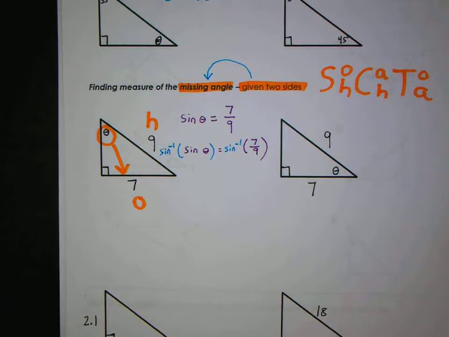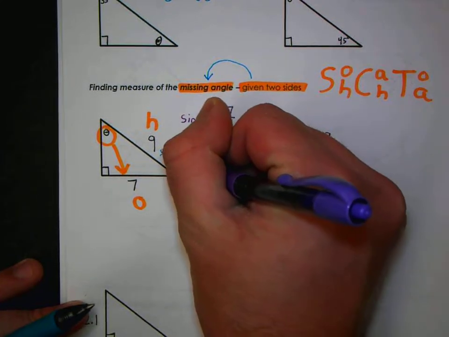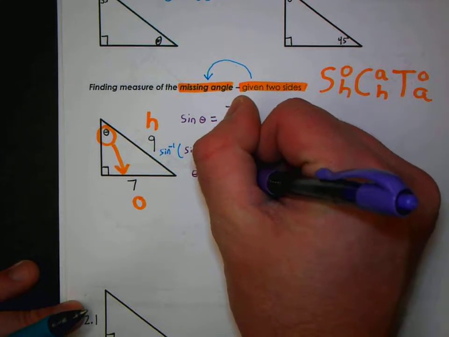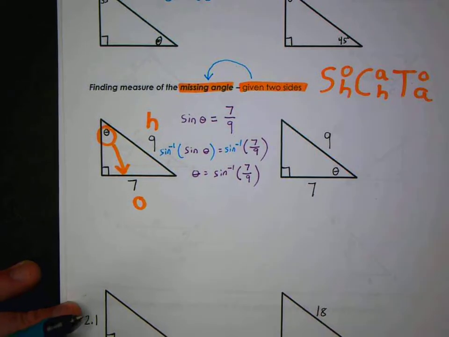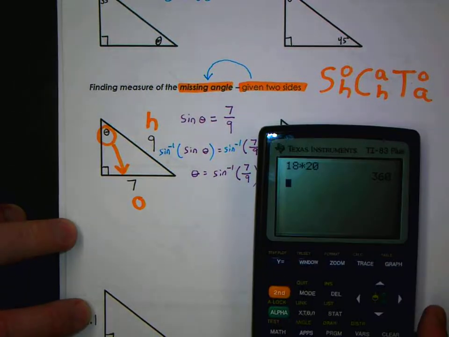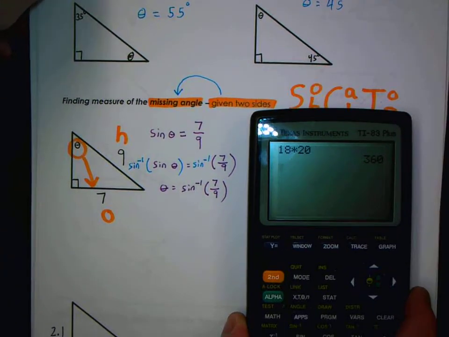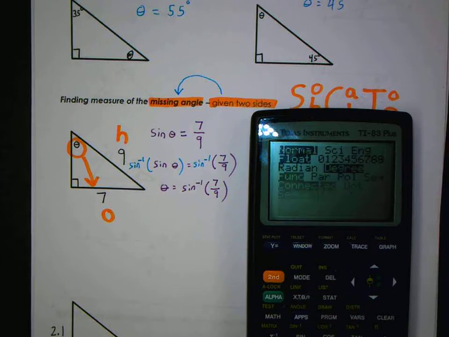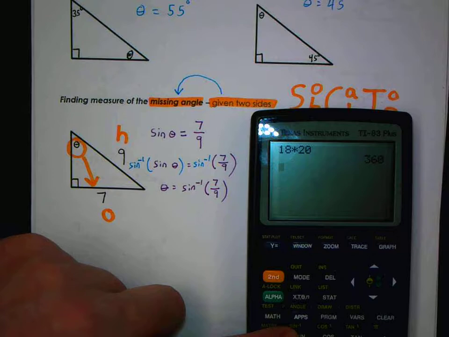Now this and this cancel, leaving just the angle. And I'm not going to do this step every single time, but you go to your calculator. Make sure in mode you're under degrees.